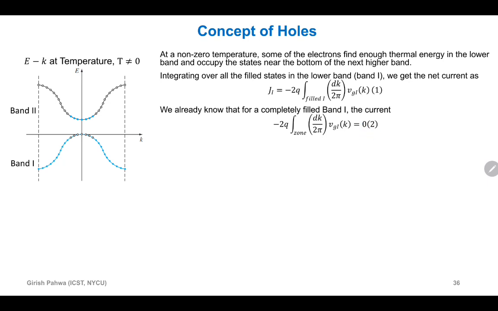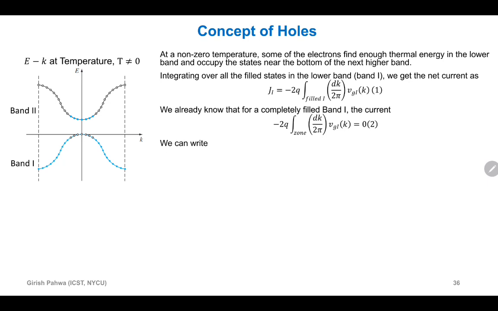I know that, right? Can I split this integration into 2 parts now? Because it's just a summation, I will now distribute my zone into 2 regions. The first region is going to be the states which are filled. The second, I can say, these states which are right now empty or unfilled.